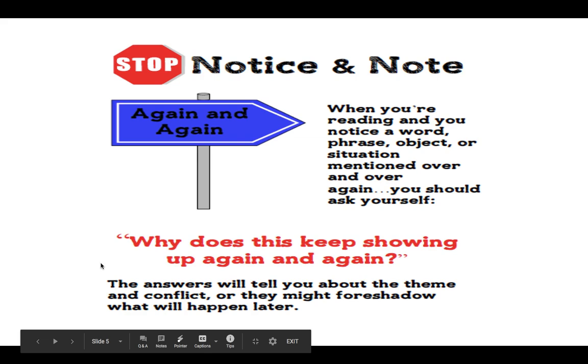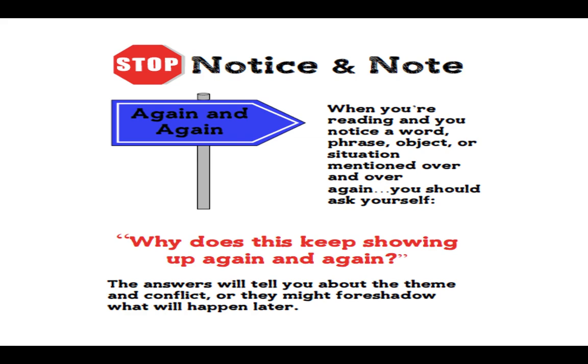I might think that maybe there's something going on between those two people that I don't know about, like a conflict. Or it might help me foreshadow something that's going to happen later on. Like I would say, maybe if those two are ever forced to talk, maybe it won't be so good, or maybe it will be upsetting.